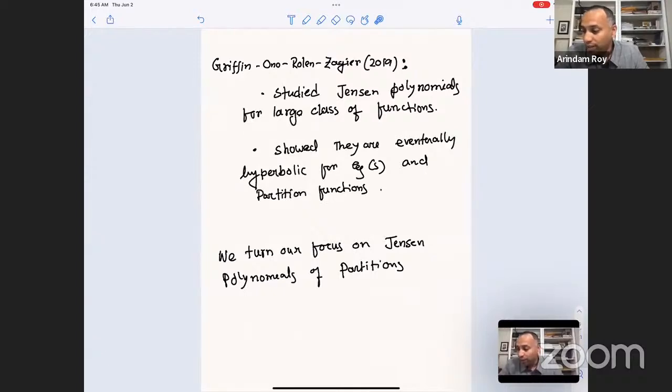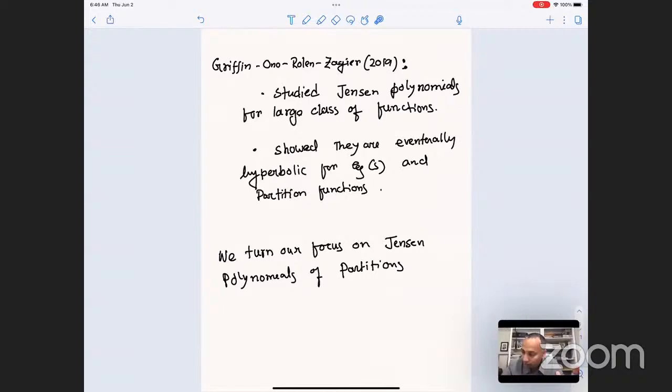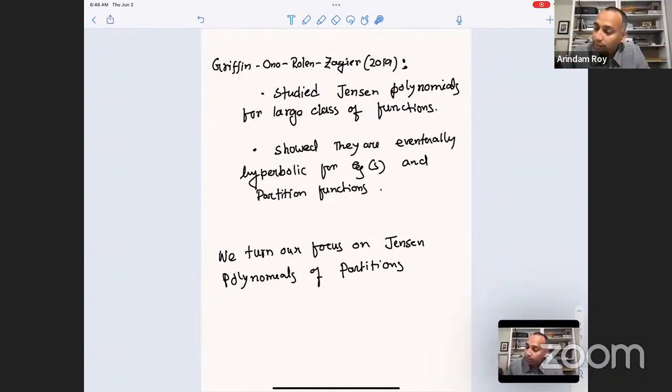So there is some controversy; some mathematicians feel that using the hyperbolicity condition to attack the Riemann hypothesis is not viable, not the right path. But nevertheless, that problem itself is very interesting. In the same paper, they did not only look at the Jensen polynomials for the Riemann xi function, the completed Riemann zeta function, but also a big class of functions, including partition functions and Fourier coefficients of weakly holomorphic modular forms.